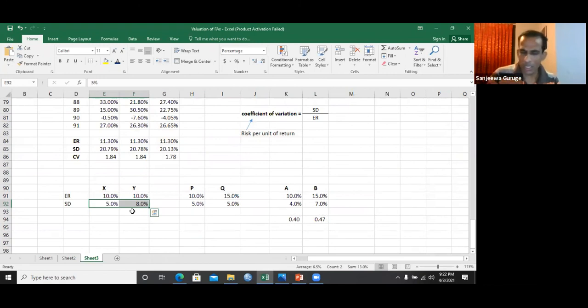So the logical investor will select this one, but those who are willing to take risk may select this one. This is the average expected return, but as you very correctly mentioned, there is a possibility to get a higher return than asset X when you invest in asset Y.